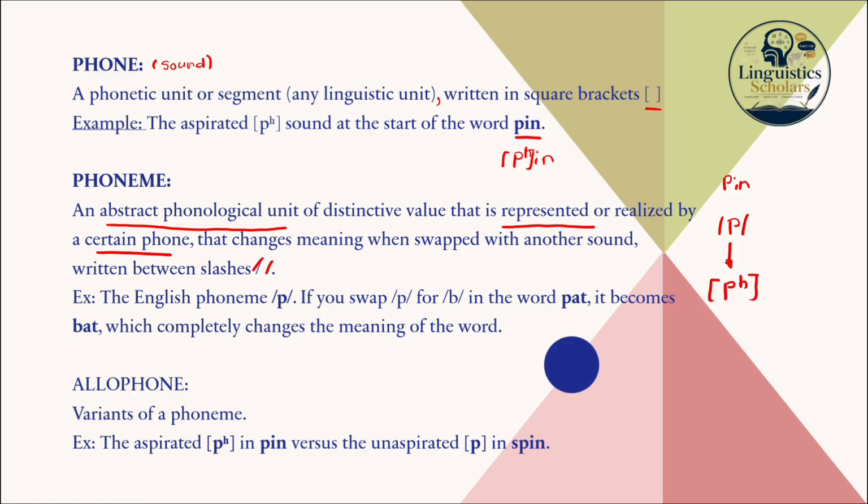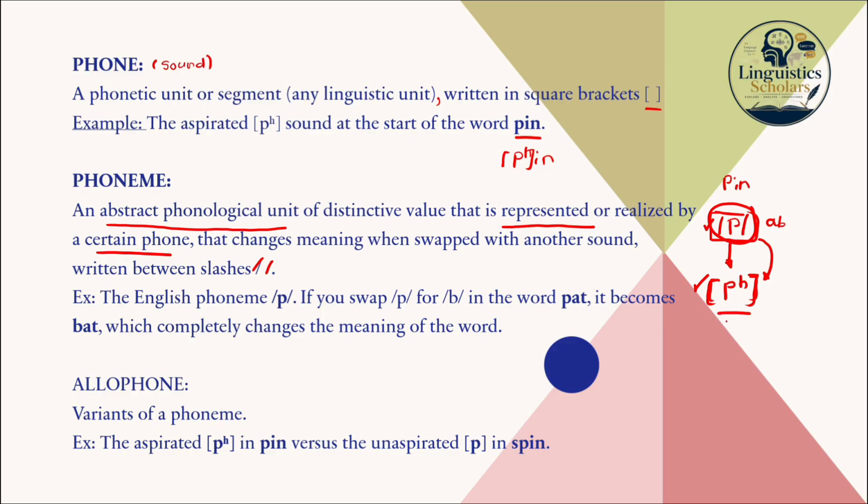So this is a phoneme, which is an abstract phonological unit, because while you are producing the sound in pin, it's actually realized by the phone aspirated p, right? So this is an abstract notion, and this is a real sound production with aspiration.